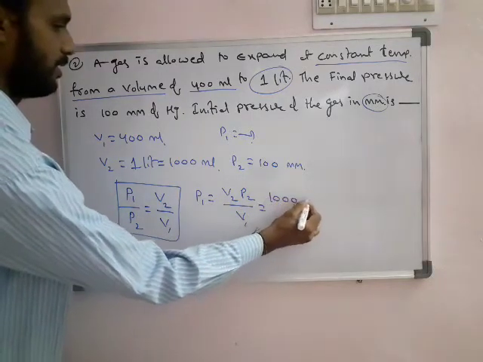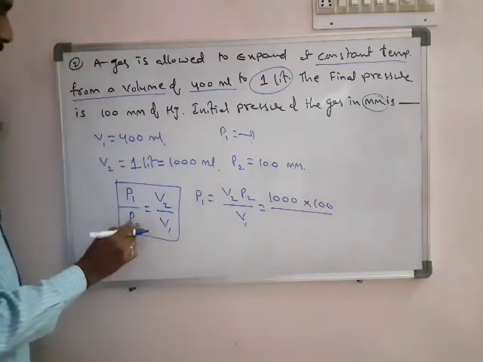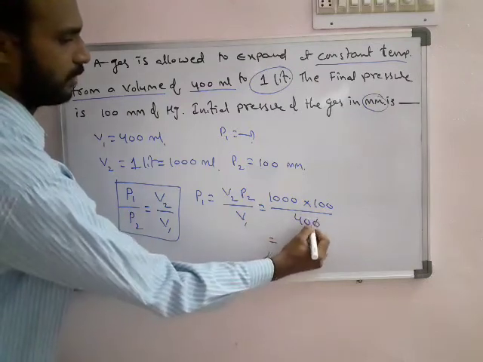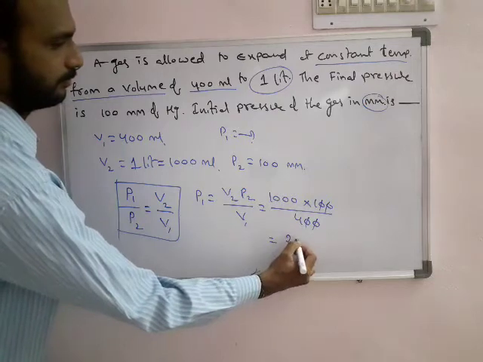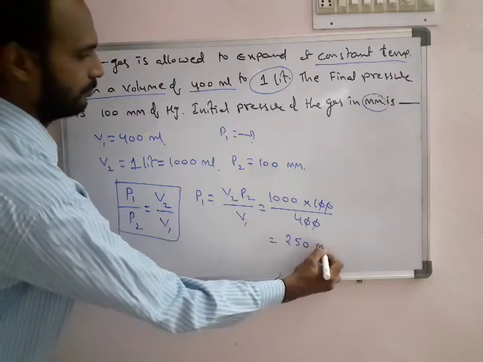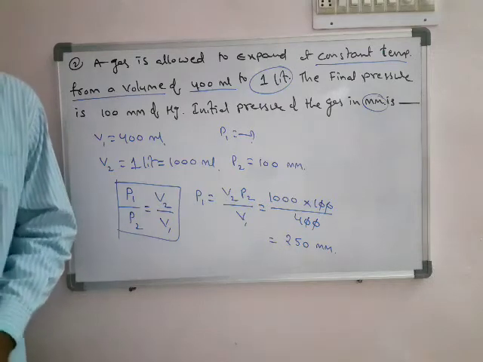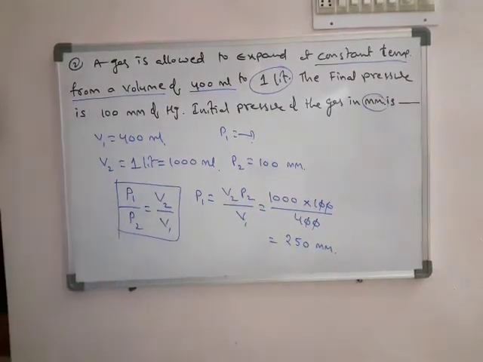V2 1000 milliliters, P2 100 mm, V1 400. And approximately we will get 250 mm. Okay, this is the initial pressure in terms of mm.